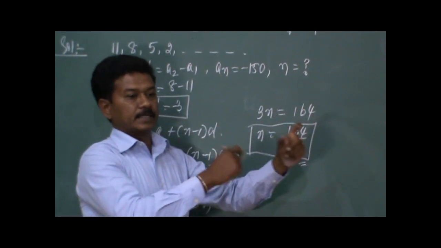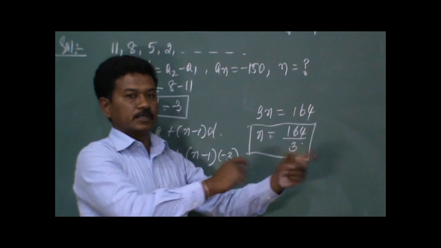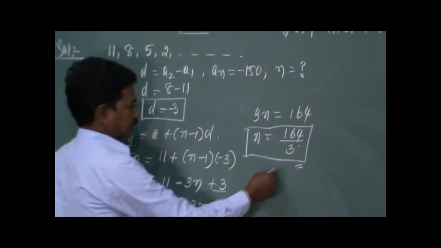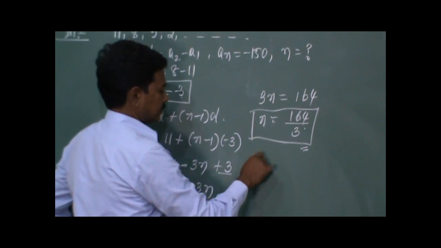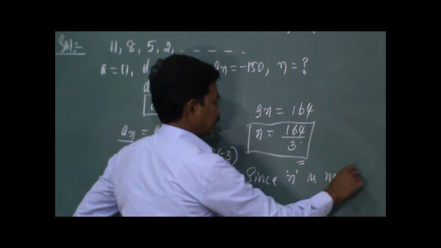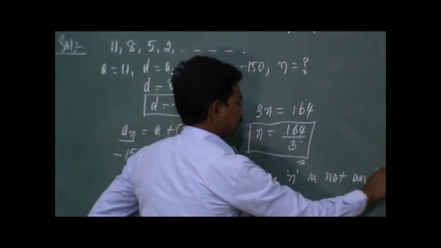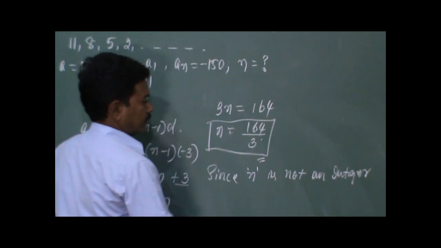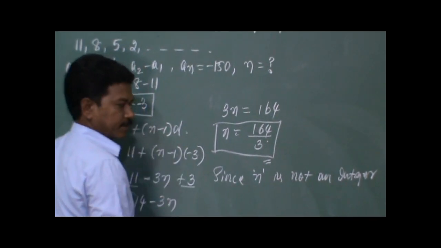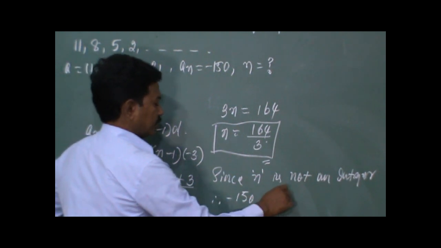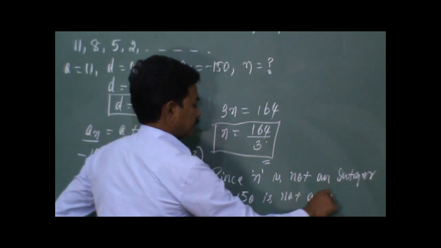It's not a particular term. Let us conclude like this: since n is not an integer or a natural number, minus 150 is not a term of the given AP.